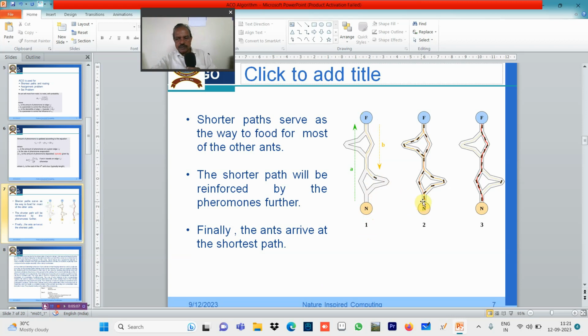Then after some time other ants also follow. They go on traveling in this way, and after certain time you will see they are all aligned to the shortest path here. They will discard this path and they will discard this path. So this is the technique we have to learn from them and apply for the shortest path.